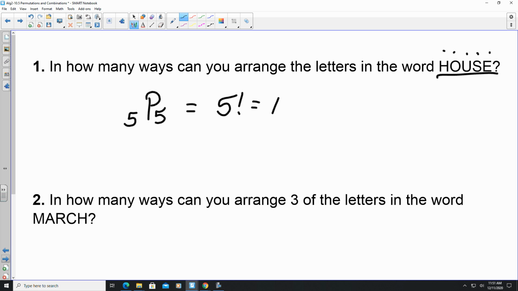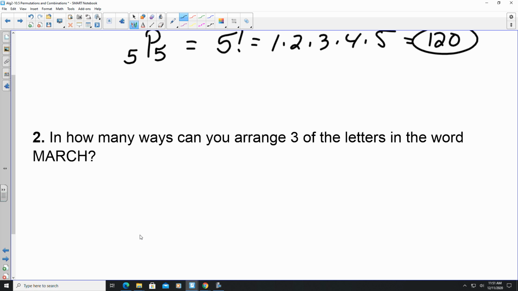So 5 factorial is 1 times 2 times 3 times 4 times 5. When you multiply all of those together, you get 120. So there are 120 possible ways you can arrange the letters in the word house.